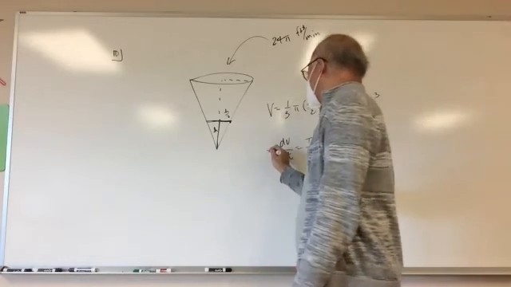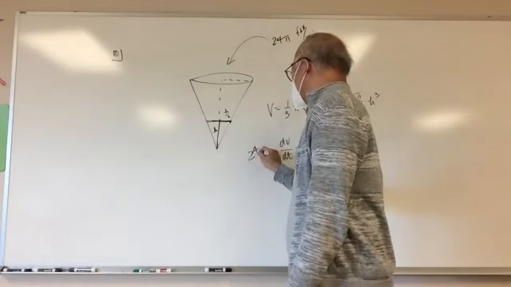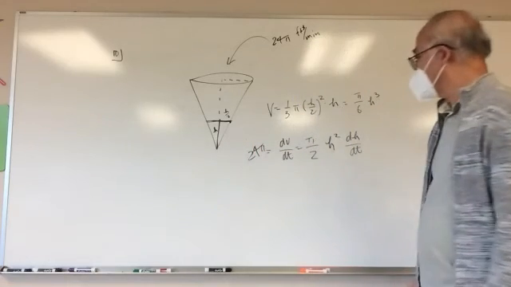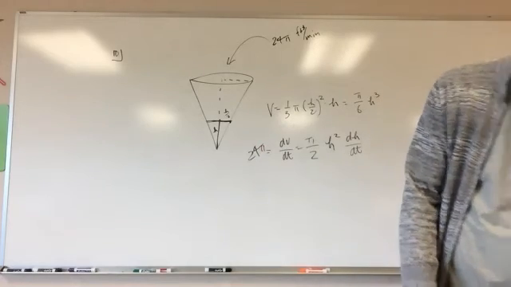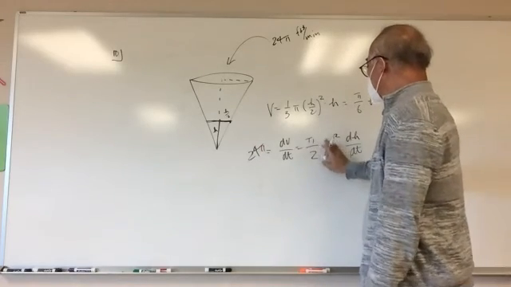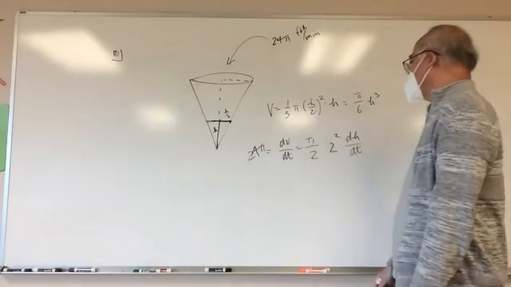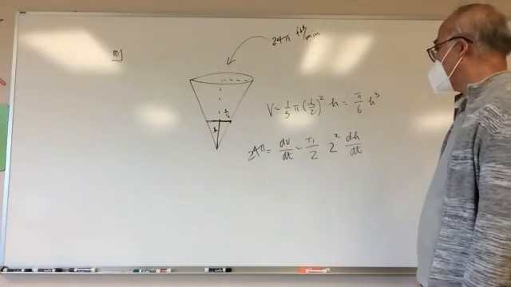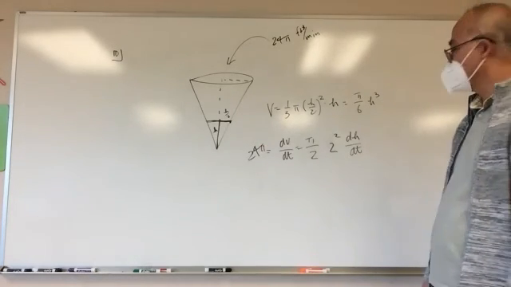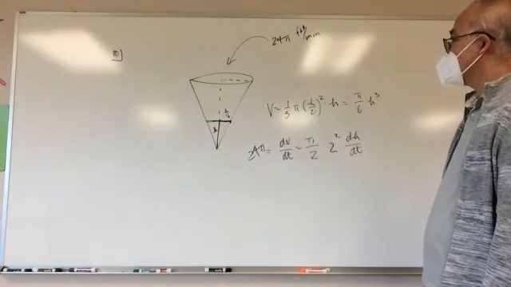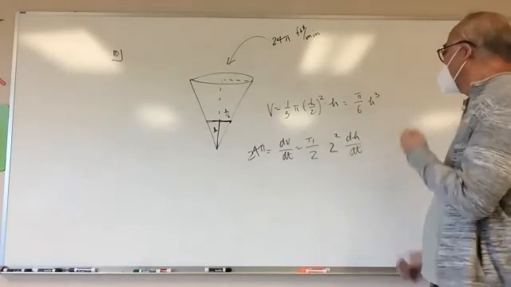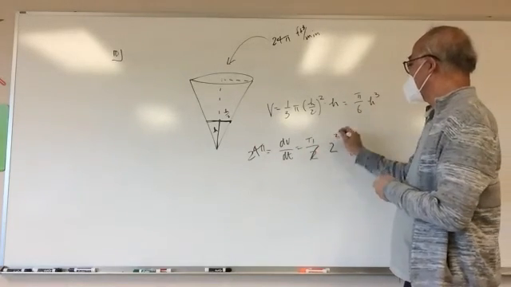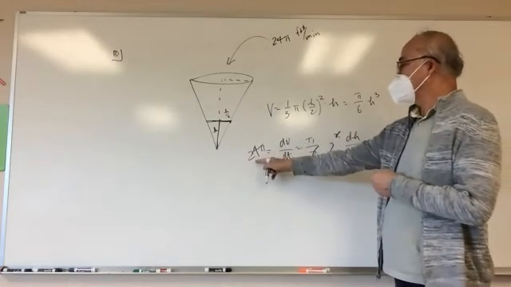I am given this as 24 pi. h is what? The depth is 2. So dh/dt looks like it is getting 12, right? 24 pi.